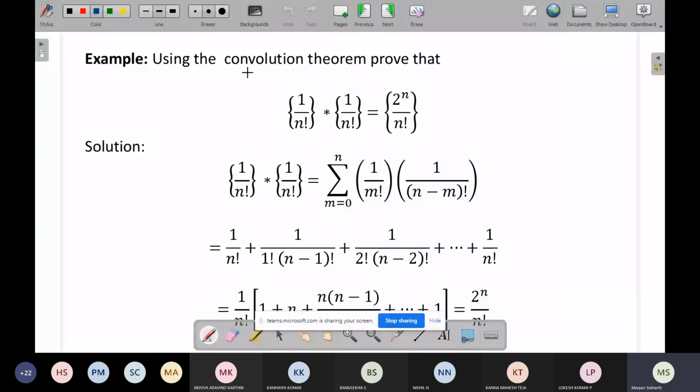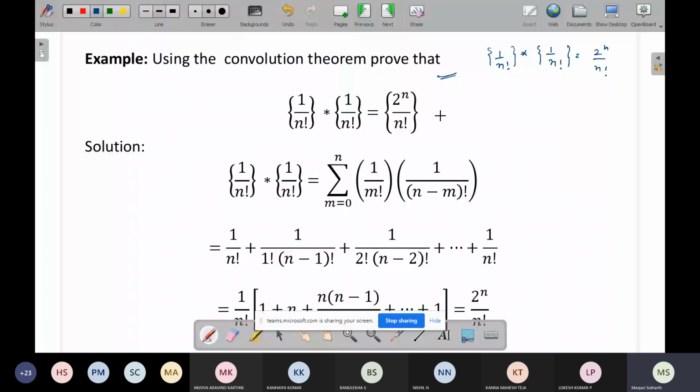Now see, nothing is mentioned here. Using the convolution theorem, prove that 1 by n factorial star 1 by n factorial is equal to 2 power n by n factorial.